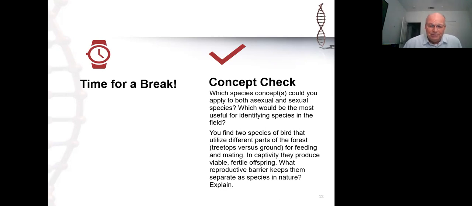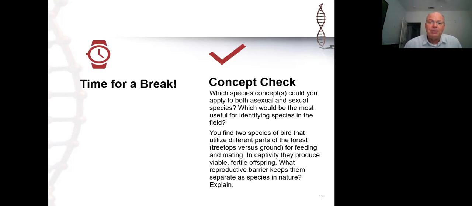Remember, the biological species definition says that the mating observations have to be in nature, not in the laboratory. So because they can produce viable fertile offspring in the laboratory doesn't mean they're the same species. But the hint is that they're utilizing different parts of the forest, treetops versus ground. They're utilizing different habitats. So if we wanted to pinpoint which of the reproductive barriers is in play here, it would have to be the habitat barrier.